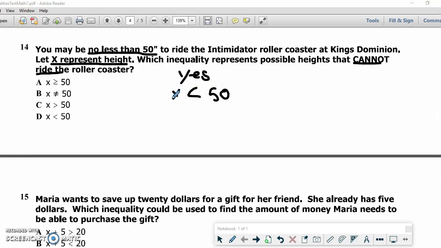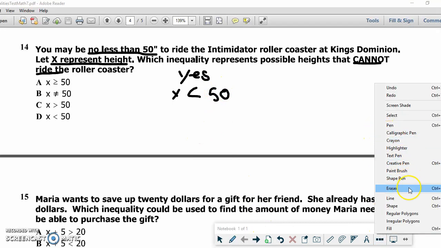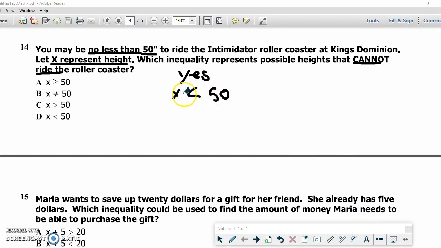Your height, which is X, has to be greater than, let me flip my sign around. Make sure I have the correct sign. Have to be greater than 50 inches in order to ride. Okay, because another way to say no less than means greater than.